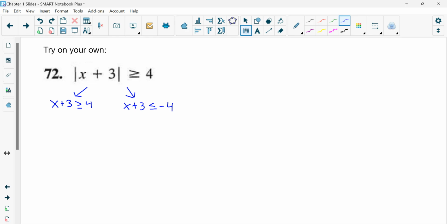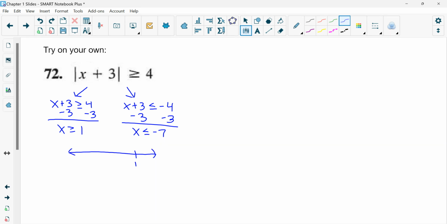Okay, so from there, we would subtract 3 and get x is greater than or equal to 1. Subtract 3. X is less than or equal to -7.